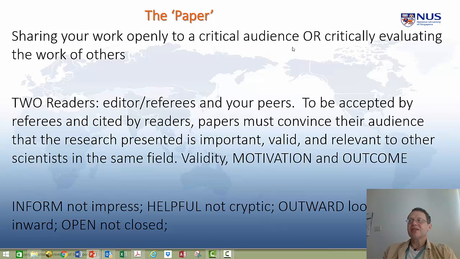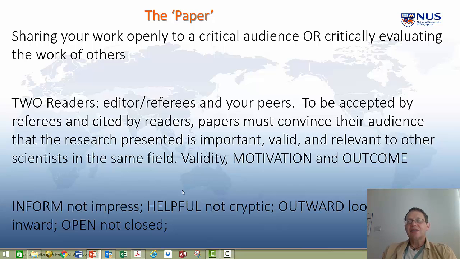It's worth bearing in mind that you're probably going to have 2 sets of main readers. The first is on the journey to getting your paper published, and it will be editors or referees. And again, we'll discuss that a lot more next week. And once it's published, your peers.